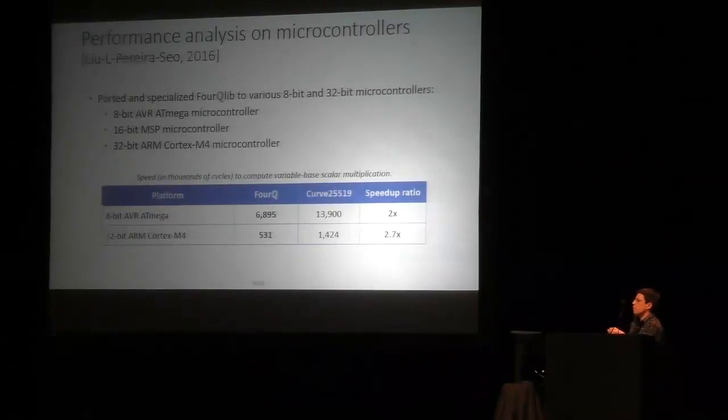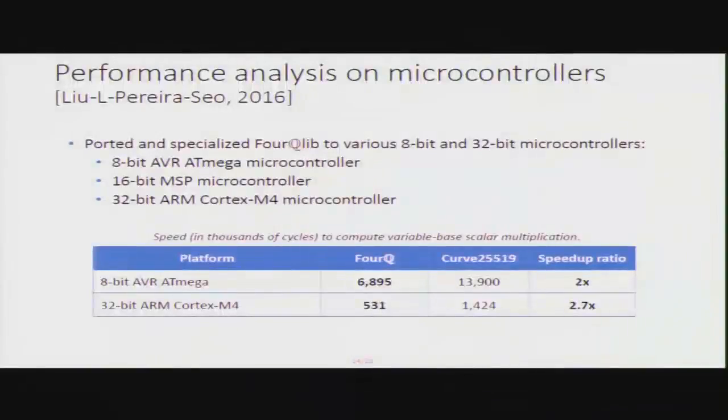Here is a very quick summary of the kind of performance that we are achieving. These are preliminary results. I'm showing an 8-bit AVR ATmega microcontroller, and also a Cortex-M4. You can see, comparing against Curve25519, a significant speedup in comparison with that curve. And I think we can still go farther in the case of AVR.